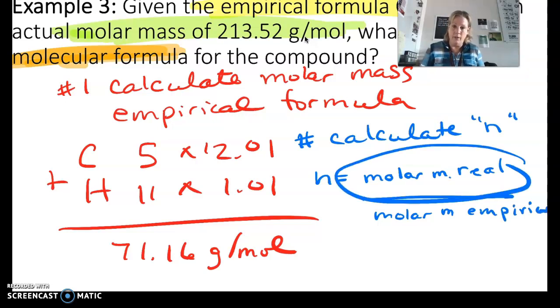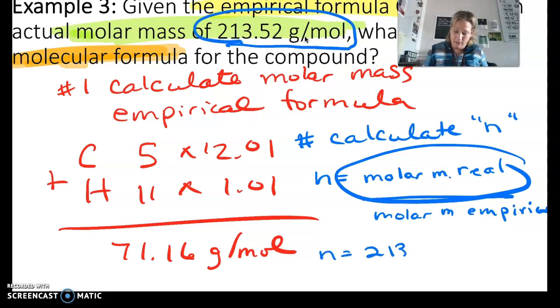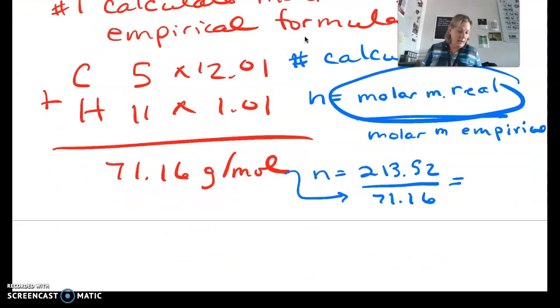This is always given in the question. So that is right here. So N would equal 213.52 divided by, now I plug in my empirical. And when I do that, I end up with 3.000, blah, blah, blah. So really, N equals 3.